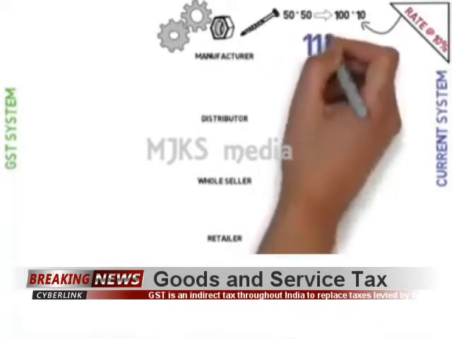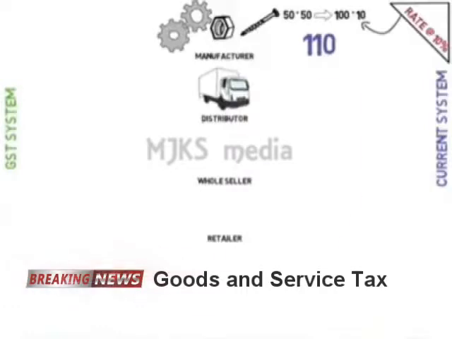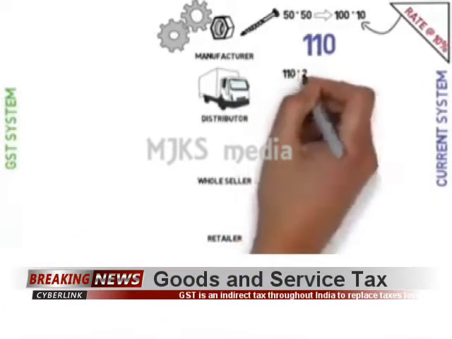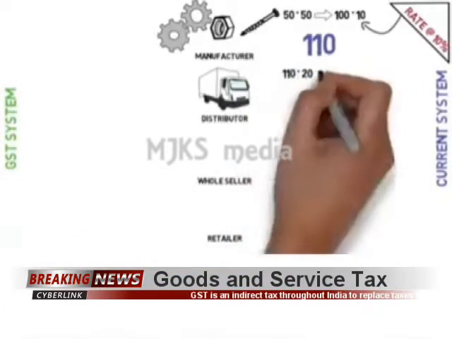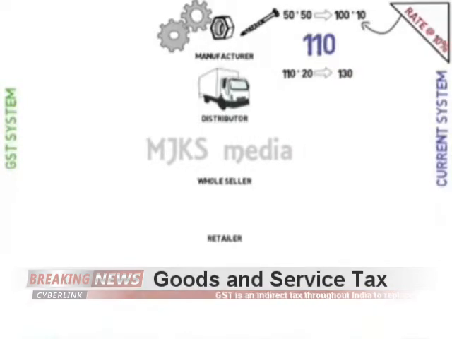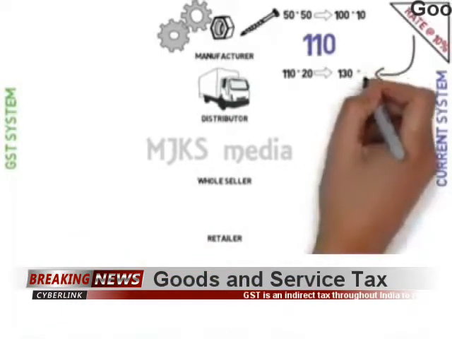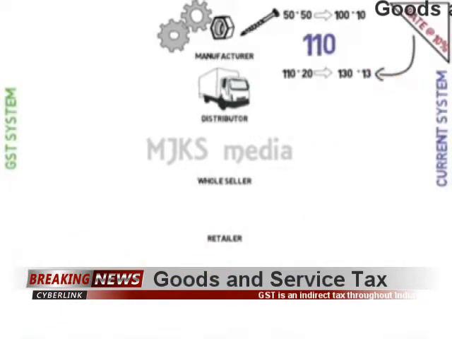So the cost of the product for the distributor is 110 rupees. The distributor adds a value of 20 rupees, which is nothing but his profit. So the price will become 130. The distributor also sells it by adding 10% tax of 13 rupees. So the product is 143 rupees now.